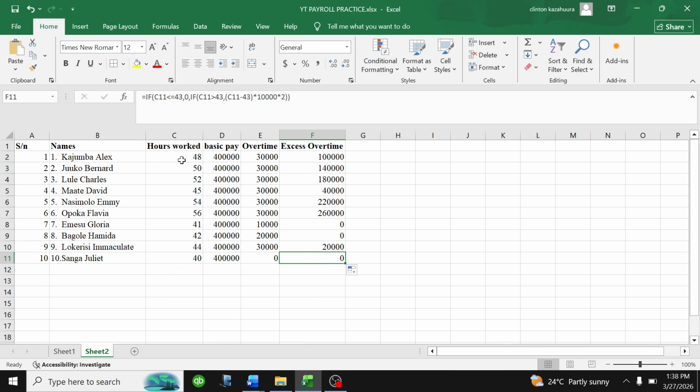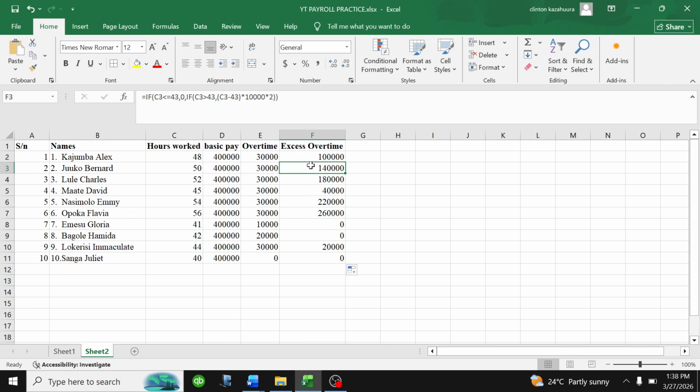So you see this person, it is 48 minus 43, giving us 5 extra hours. Now 5 times 20,000, which is the double hourly wage rate, then it gives us 100,000. So that's how you confirm. You see the one of 50 hours, it is 50 minus 43 times 20,000, giving us 140,000.